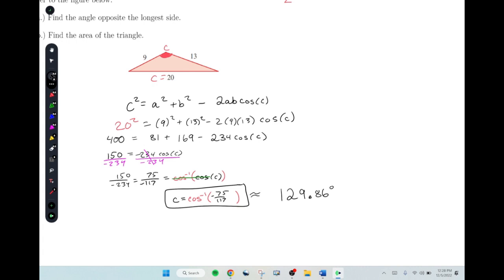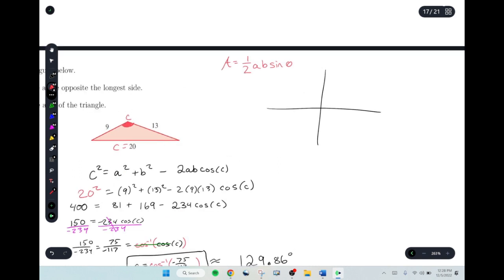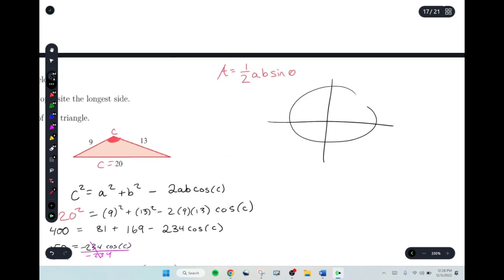There's only one other thing that I really want to try to think about or resolve, and that is that the arc cosine actually has 2 answers that are the same. So if you think about cosines, where is the angle 130 at on the unit circle? It's like right here-ish, right?